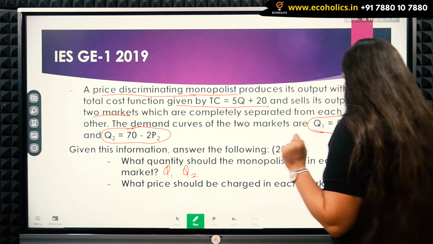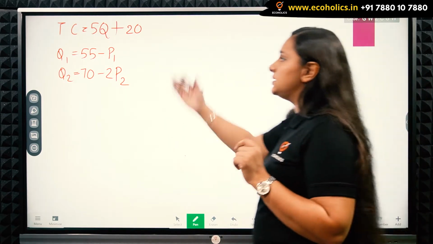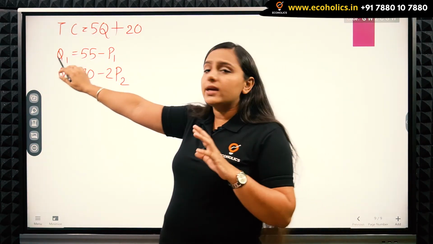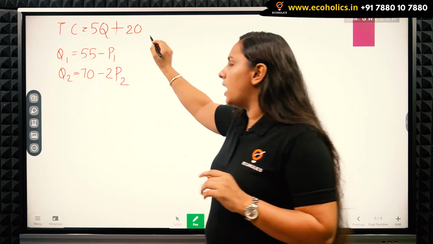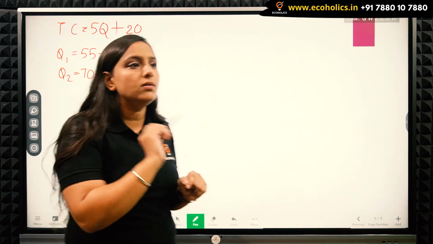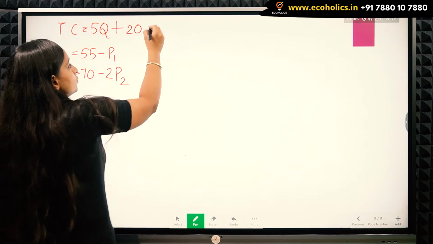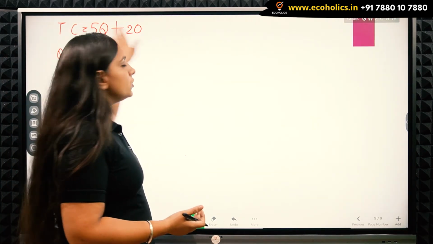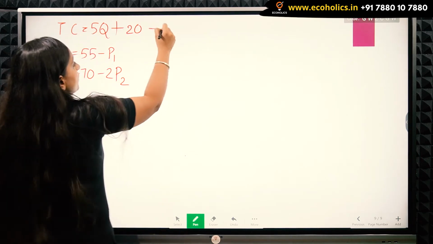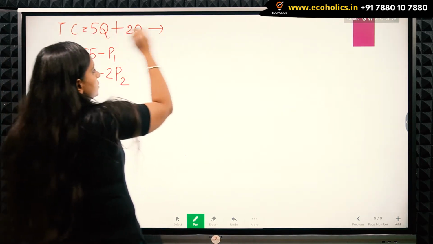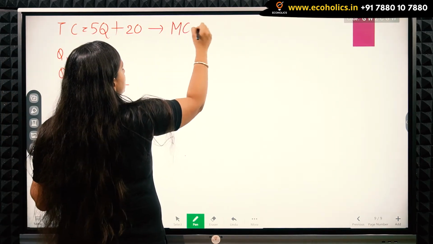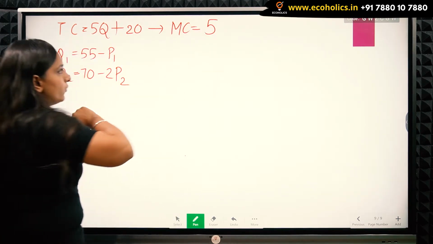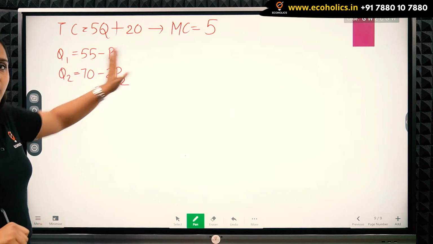First I find the marginal cost. Since the monopolist is the same, it is uniform in both markets. If I differentiate the total cost function, I get marginal cost equals 5.